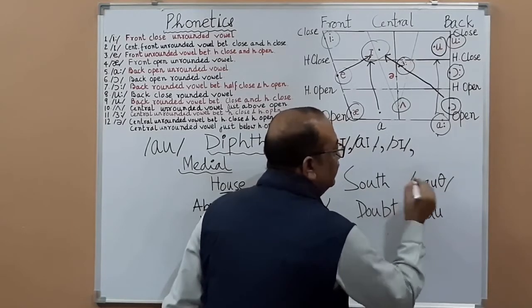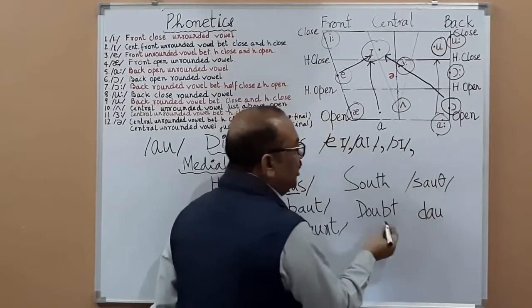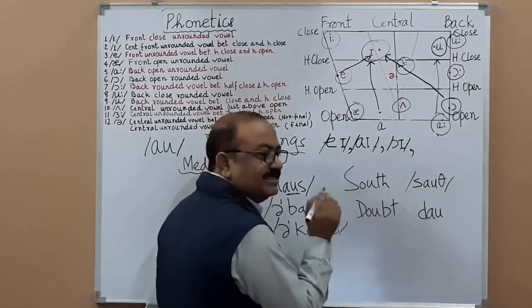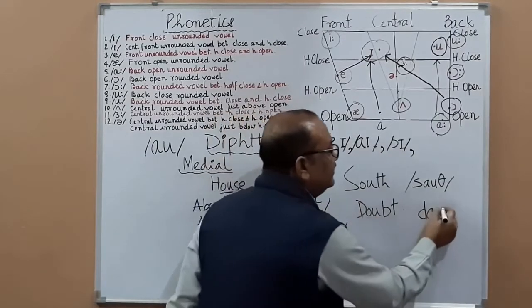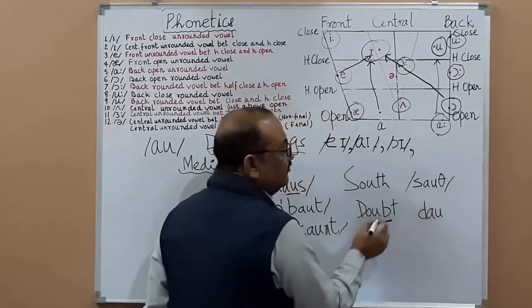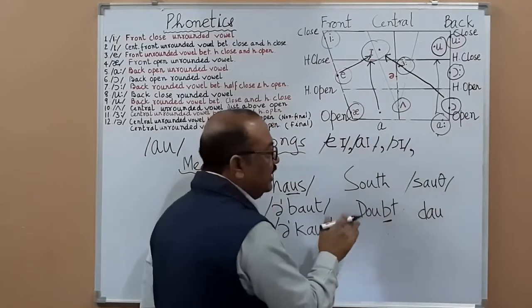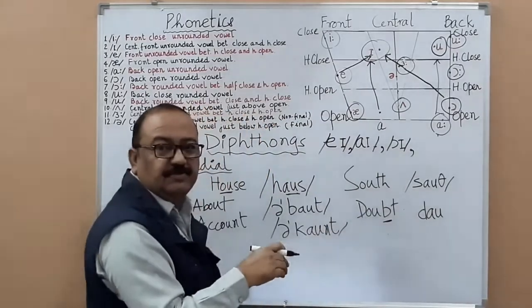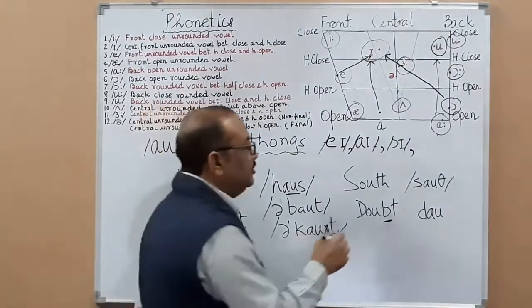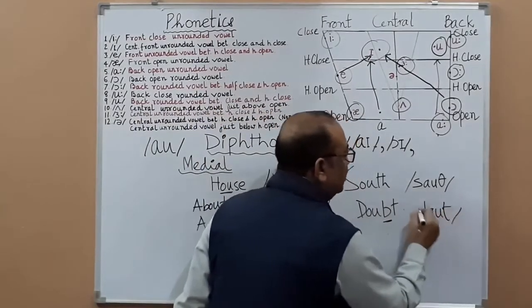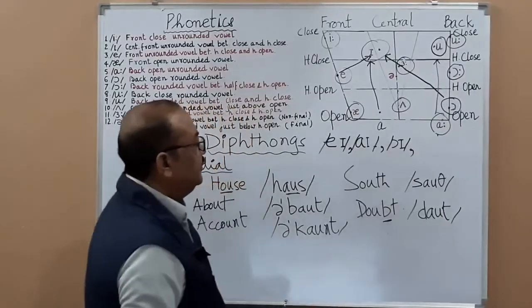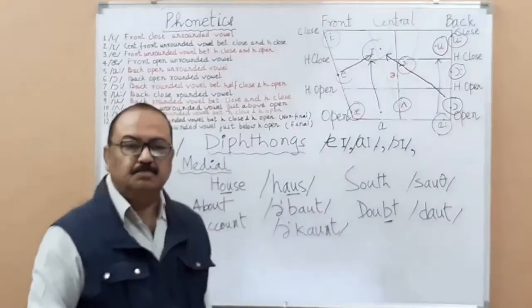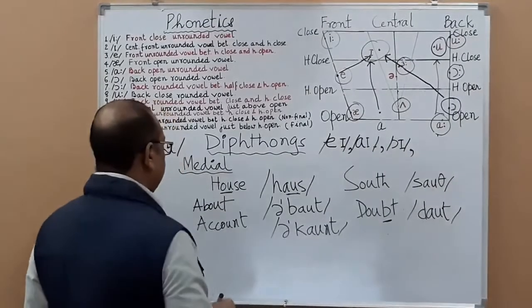And there was a need for IPA symbols because English also has silent letters. These silent letters are very confusing for second language learners of English. So doubt you write like this. Mouth. Okay, good.